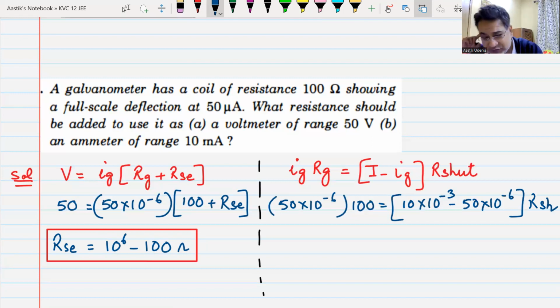And I think if you do this, you will get the value of R shunt as approximately equal to 0.5 ohms.